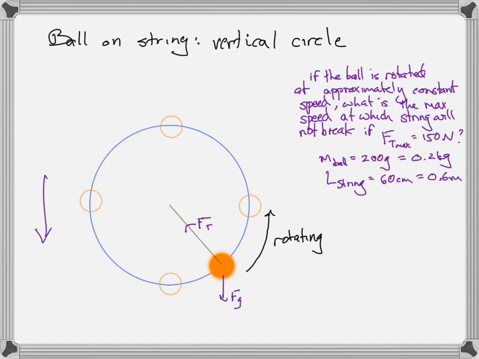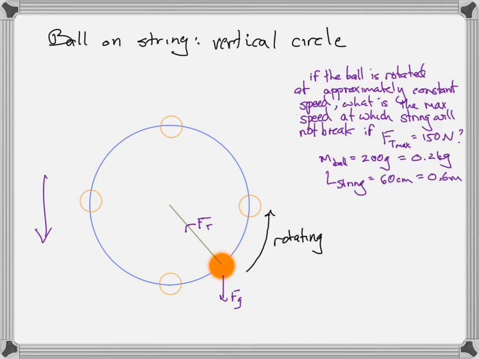And just to keep you in the game here, I'm going to draw the free body diagram for each of those positions on the diagram, which is not what you're supposed to do, just so that we can make sure we understand what we're talking about. Let's take the ball at the top. What are the forces on the ball at the top?